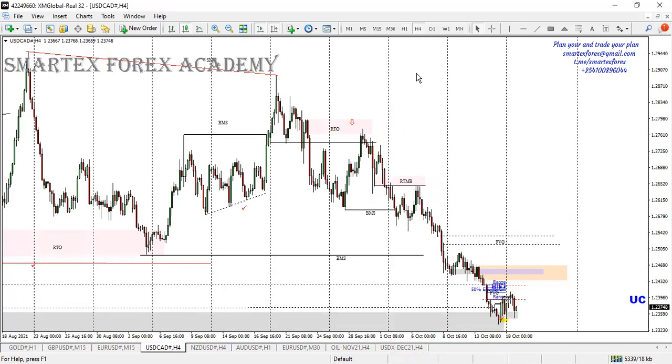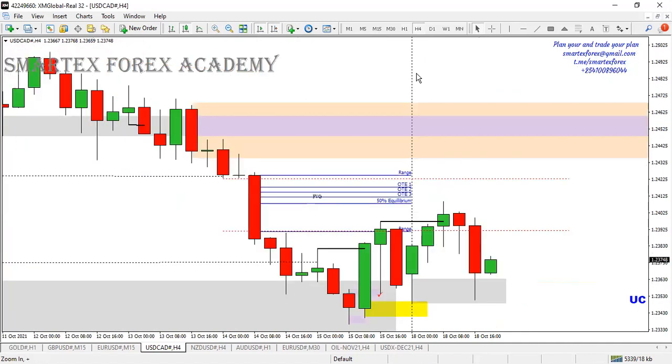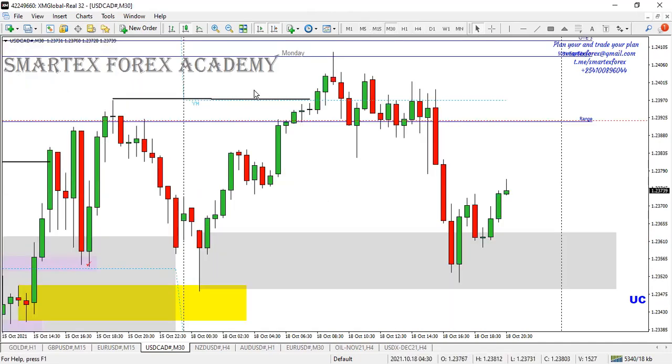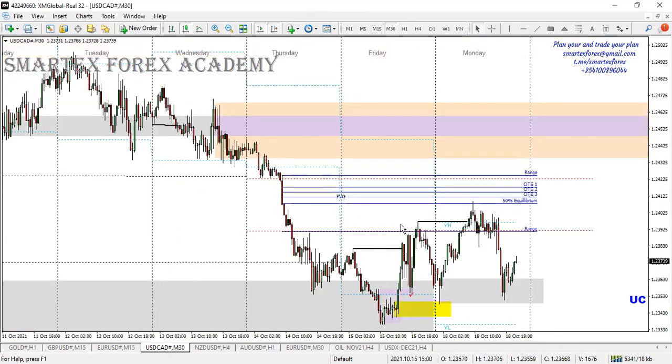So let's see what happened on USD CAD. In the morning we said that we had this return. We had this break of structure, and the entry was here during the Asian session.